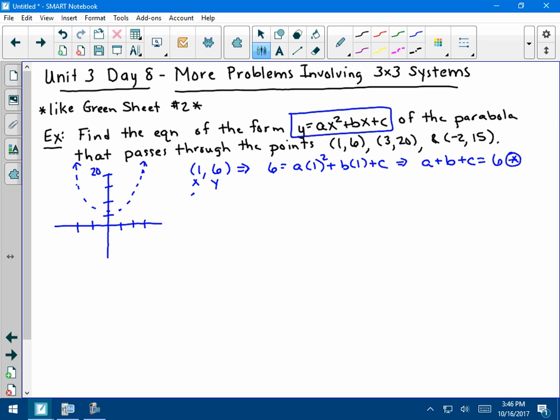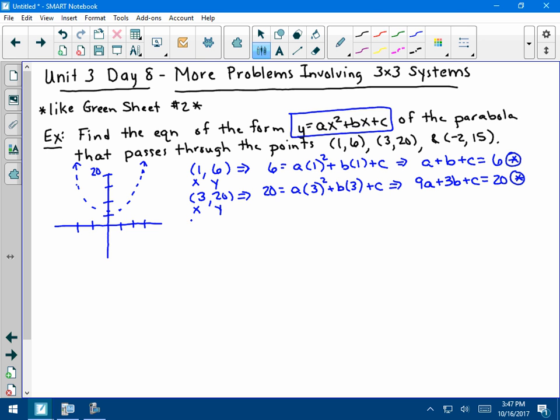Now do the same with the other 2 points. Take (3, 20). Again, 3 is x, 20 is y. Plug it in. 20 equals a times 3 squared plus b times 3 plus c. 3 squared is 9, so 9a plus 3b plus c equals 20. There's a second equation.